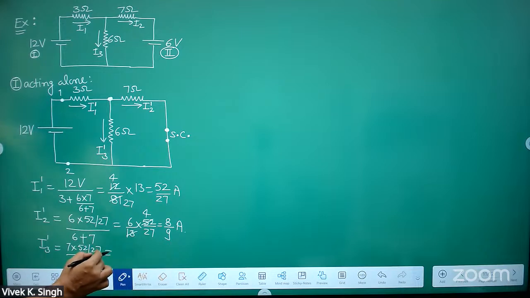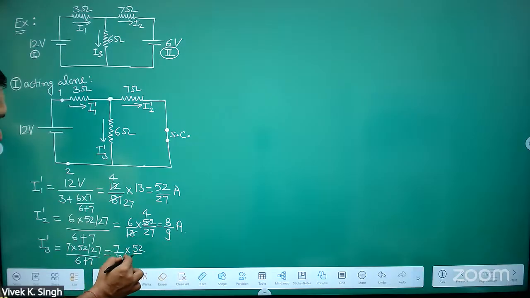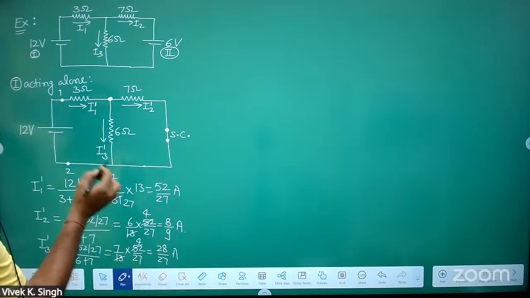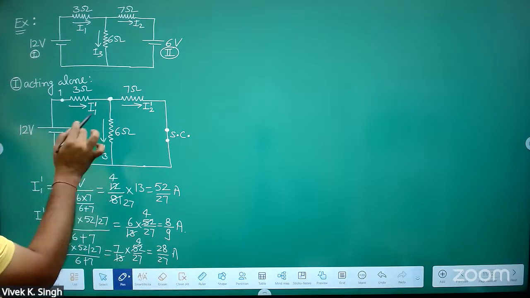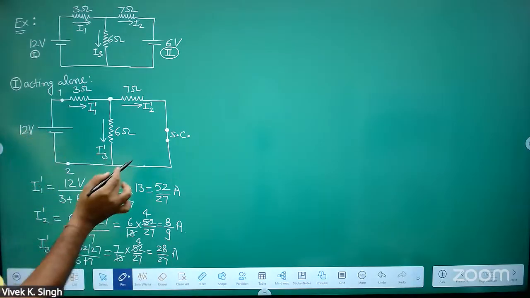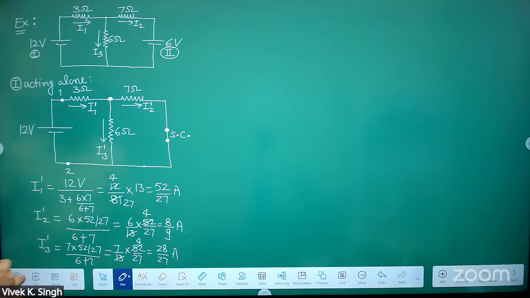So this is 7 by 13 times 52 by 27, which is 28 by 27. So these are the currents when only voltage source 1 is acting and the other source is turned off.